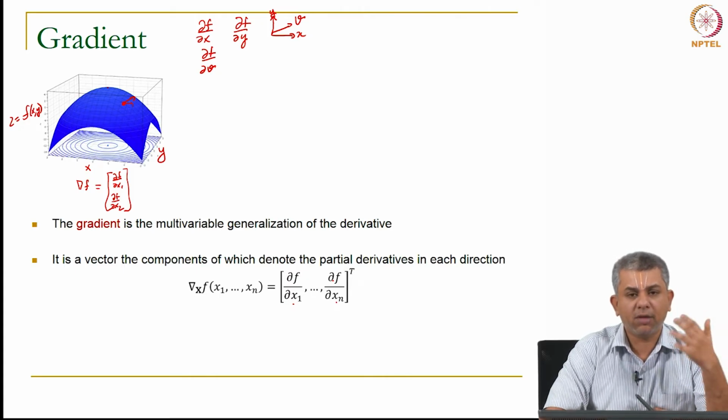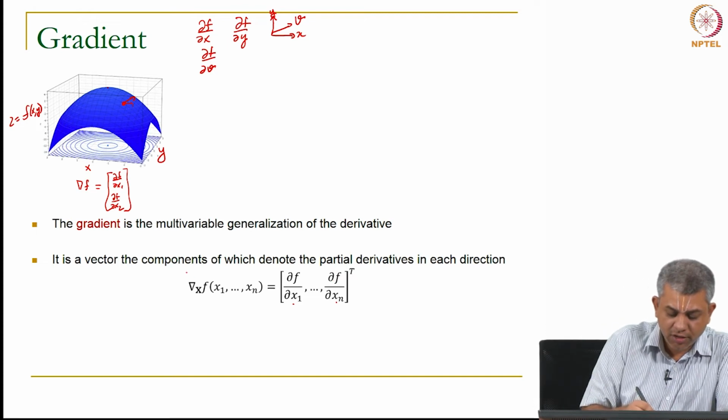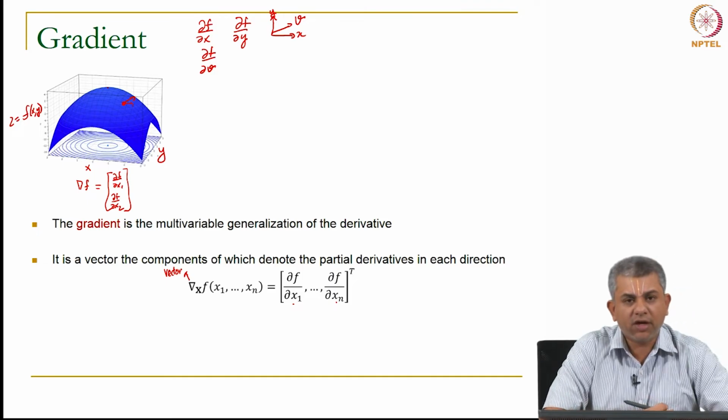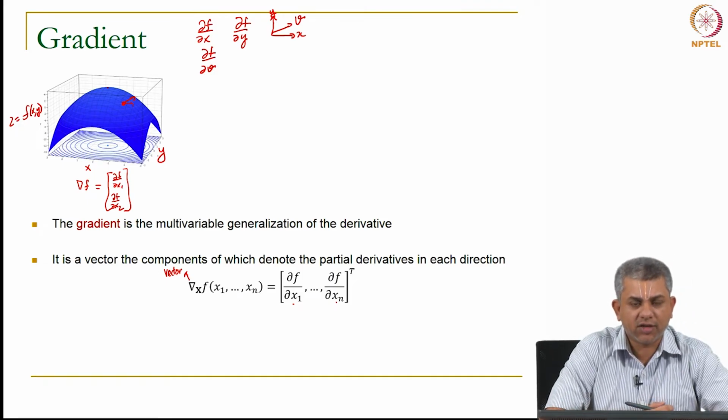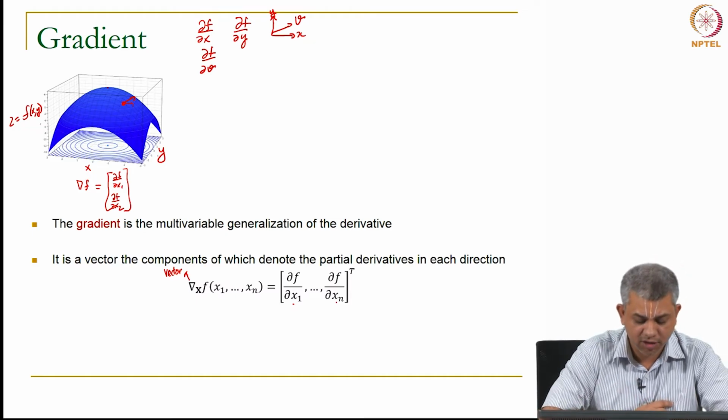Some people eliminate the transpose, some people put the transpose, either is fine. Now notice this is a vector, and we will look at a more general case of this in the next video, which would be the matrix calculus video, but this gradient is used very often.